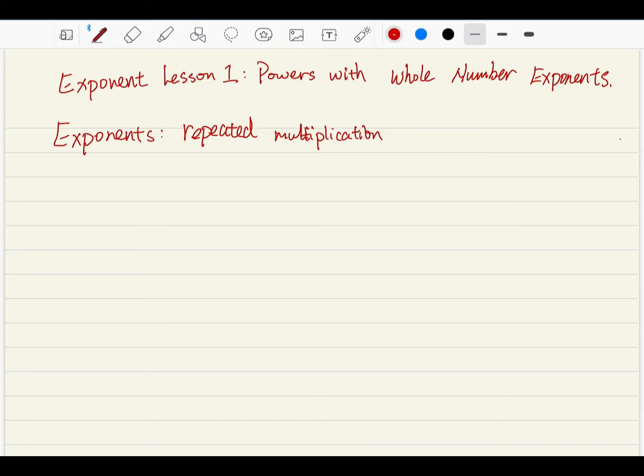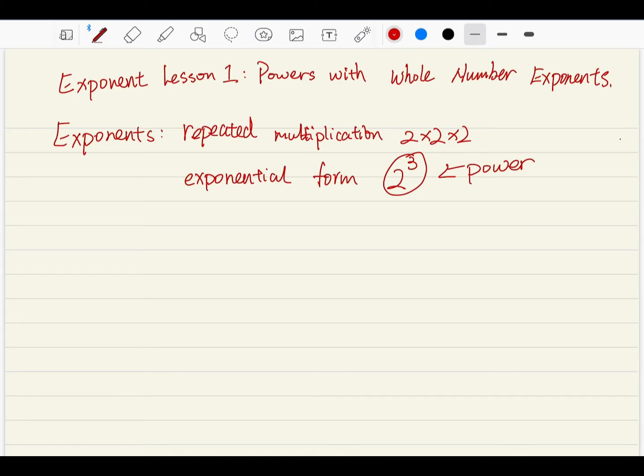Normally we can write 2 times 2 times 2, or we can write in exponential form, like 2 cubed. And this is a power.